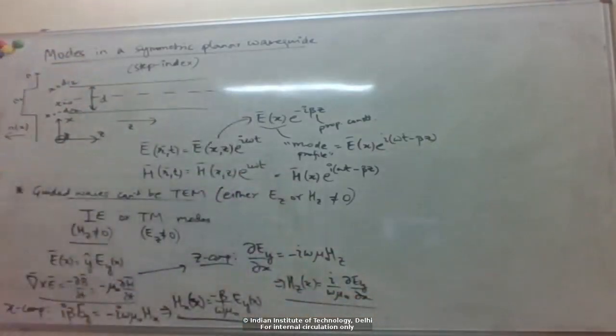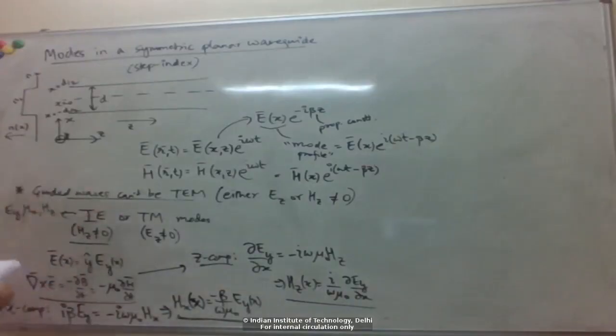So you can see for TE modes, the non-zero field components are Ey, Hx, and Hz. Because there is a z component of the magnetic field, it's called TE. So the electric field is transverse, but the magnetic field is not.